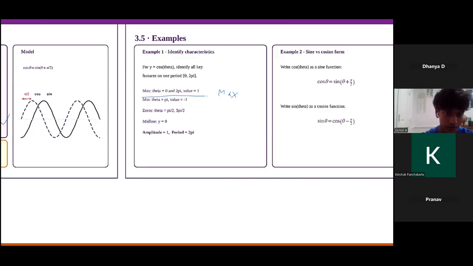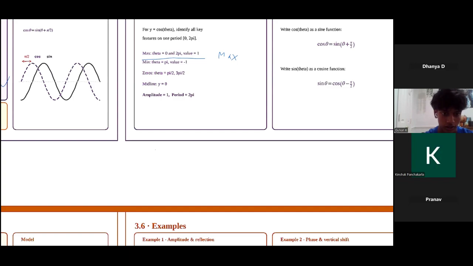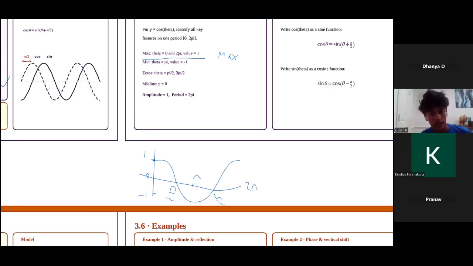So our cosine graph is going to look like this, where pi over 2, pi, 0, and then 3 pi over 2, and 2 pi. That's our graph. Remember, this is -1. So there we can see that our maximum is going to be at 0 and 2 pi when it's 1. Minimum is going to be when theta equals pi and the value is -1.